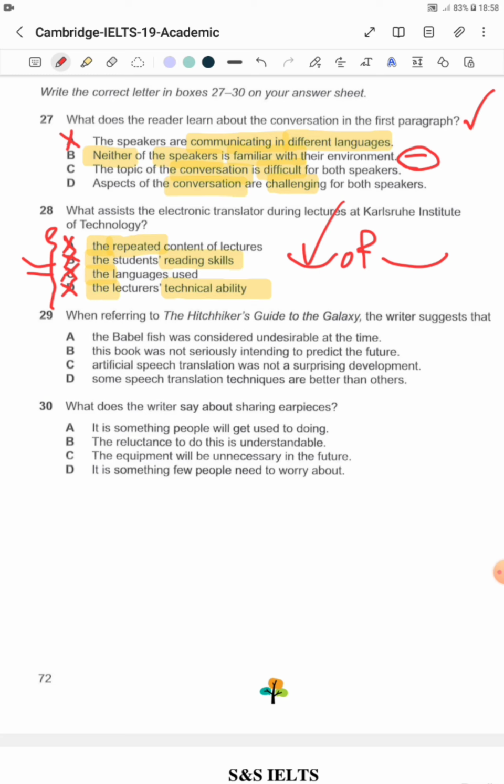As well as the lecturer's technical ability, there was no mention of working with computers, using systems. So A can be our answer, okay? Because "repeated" can be suspicious, it can be checked again. Of course, it is worth checking again. So if you rejected B, C, and D, you would have checked A again, okay?